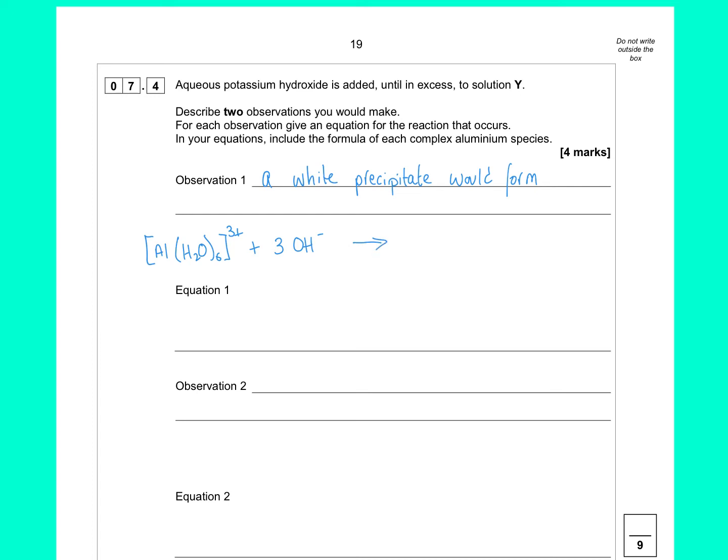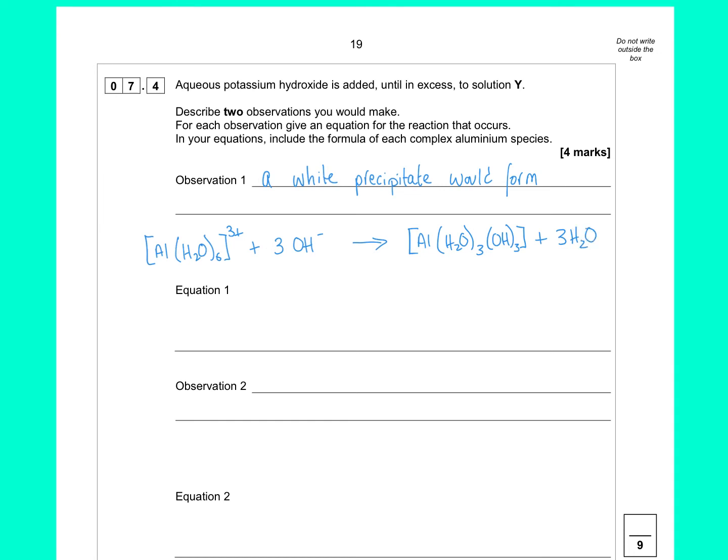So it would swap 3, so the white precipitate would form when it forms the neutral complex with 3 waters and 3 hydroxide ions, because it has no charge and therefore forms a precipitate.